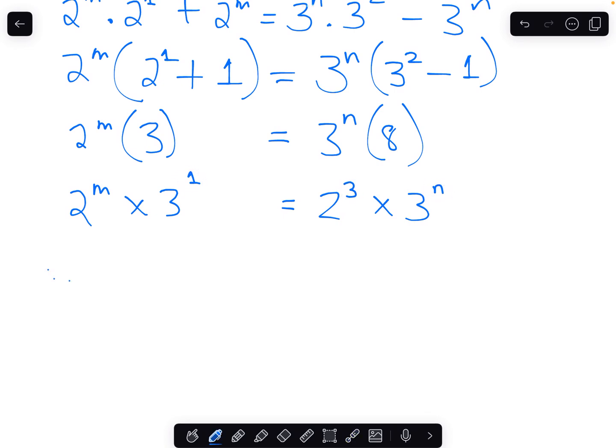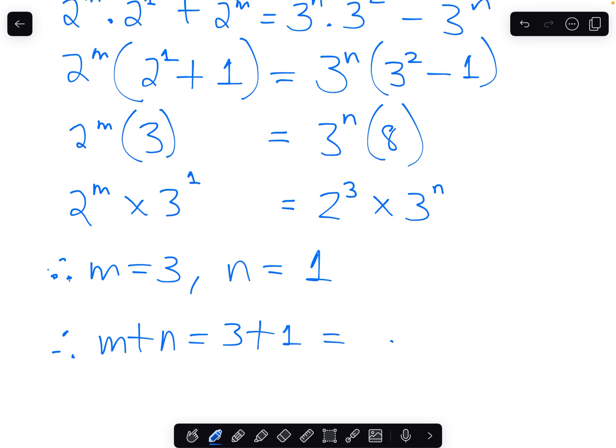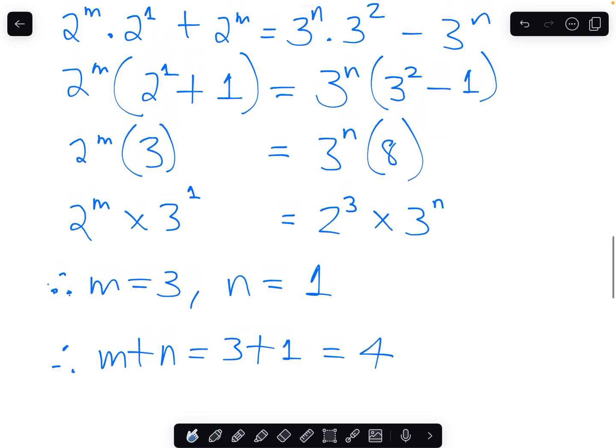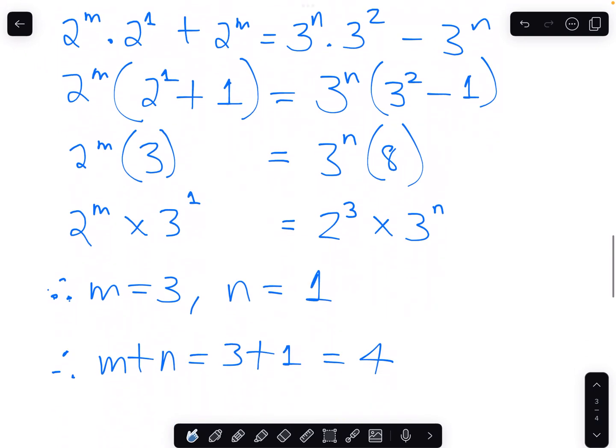So therefore, m must be equal to 3, and n must be equal to 1. And therefore, m plus n would be 3 plus 1, which is equal to 4. Yeah, okay. Interesting.